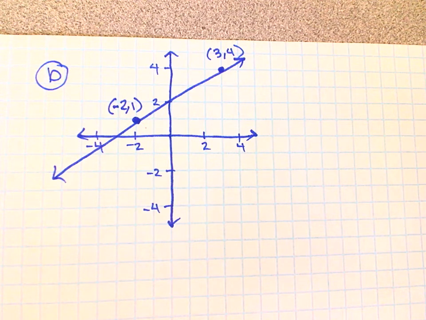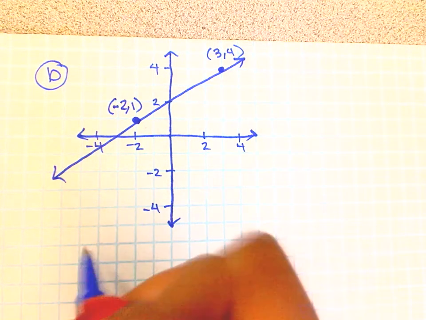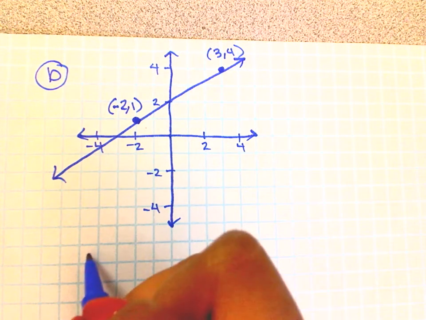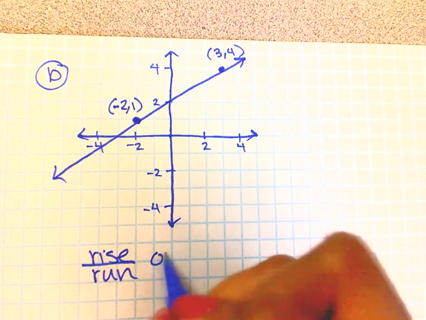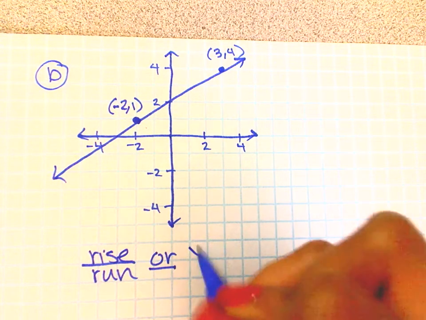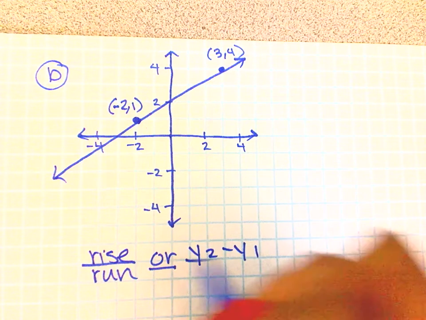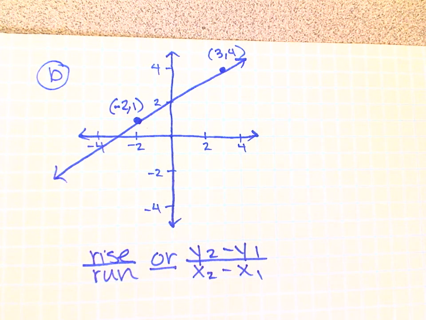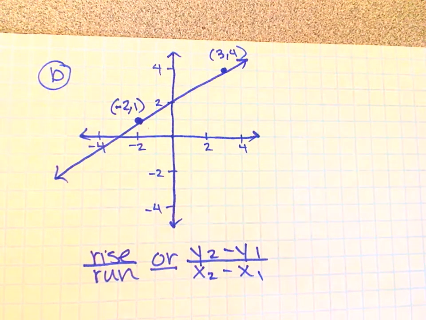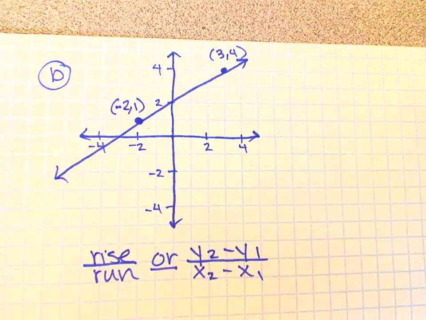So I know that I can use rise over run, or I can use y2 minus y1 over x2 minus x1. I think I'm going to use the equation, but I'm going to first go back to my graph and label.